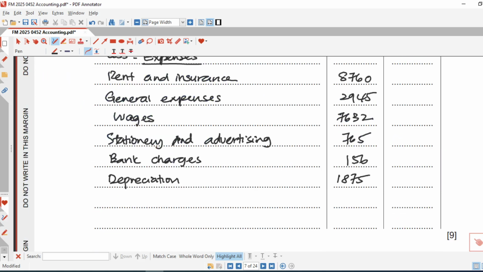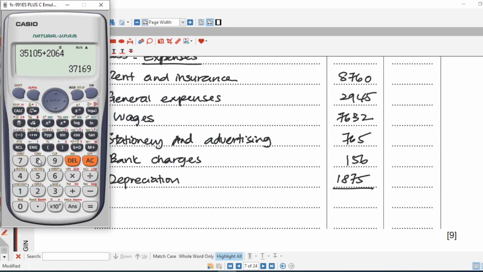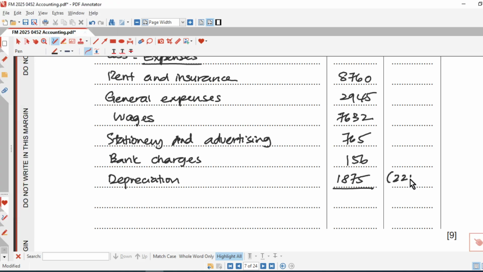So I'm going to sum up the total of the expenses and bring it over. Do we get 22,133? Right, so it's less expenses.